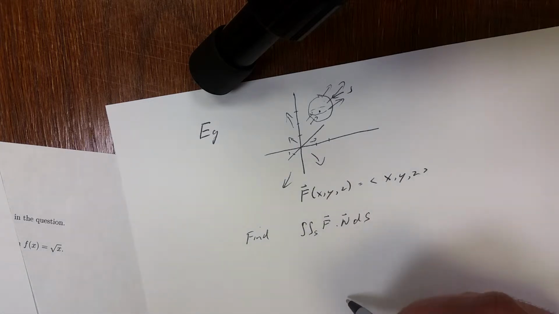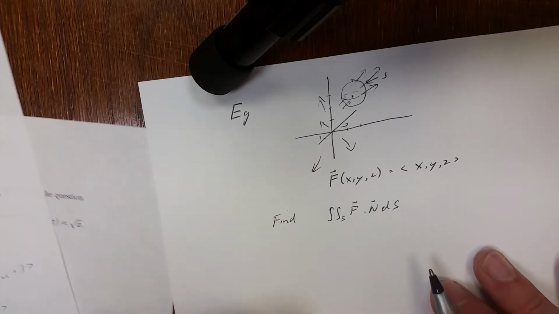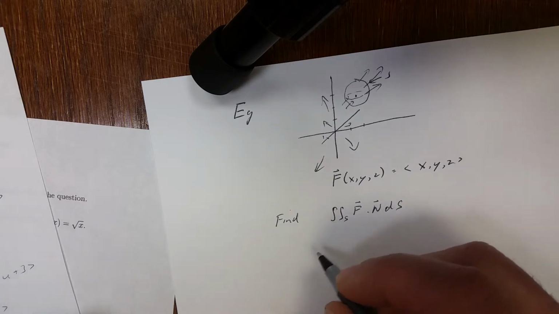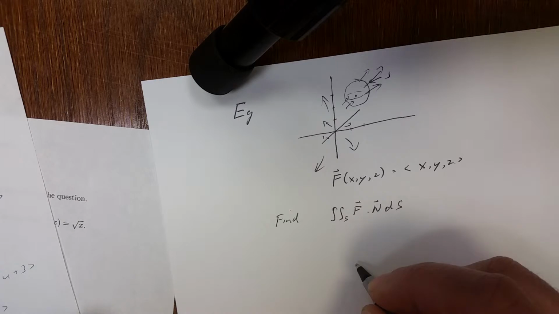Now, if we want to evaluate this directly, it's quite difficult, as a matter of fact. First thing we have to do is parameterize this sphere. Now, we've already parameterized a sphere around the origin. We can move it pretty easily to get that sphere.